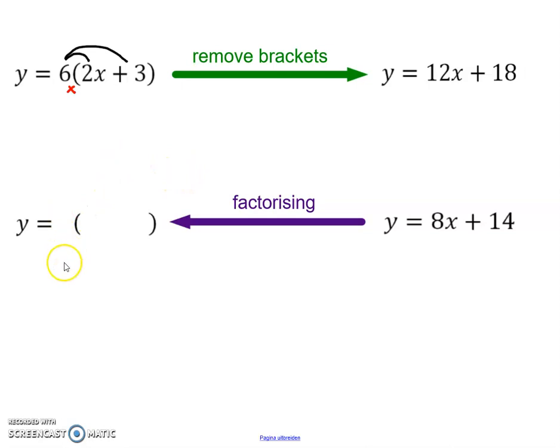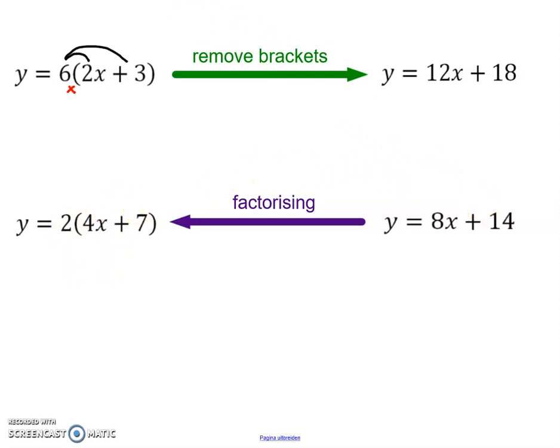So in this example, one of the factors could be 2. The other one then, because it needs to be the same formula, over here you should use 4x, because 2 times 4x is 8x. And after the 4x there should be plus 7, because 2 times 7 is 14.